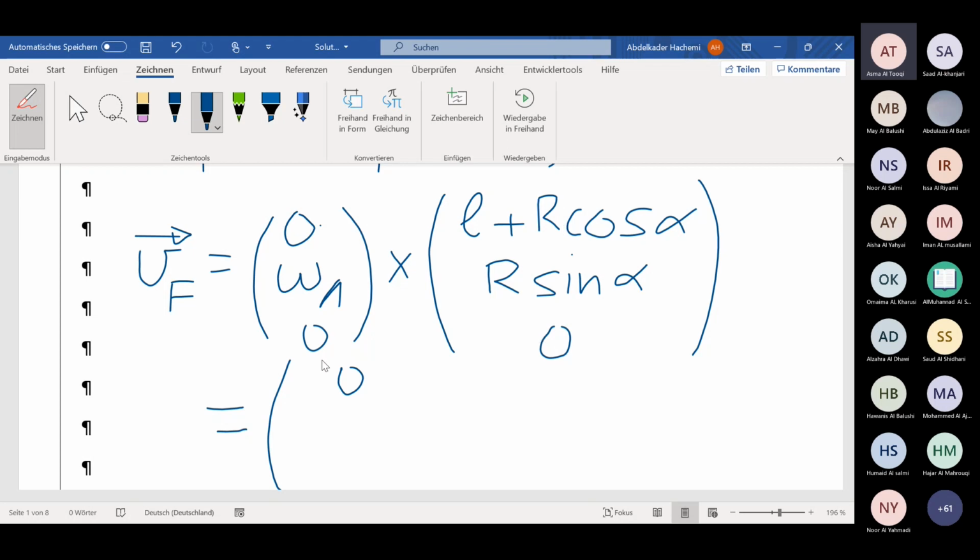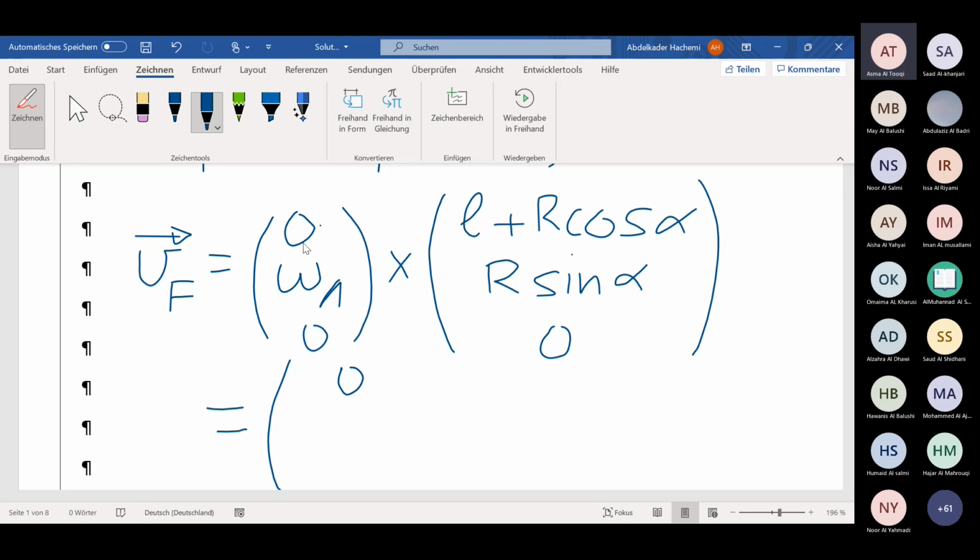Now only the second component. It's not like the first and the third component. The whole term, 0 multiplied by 0, is between brackets, and you have to apply the minus sign.